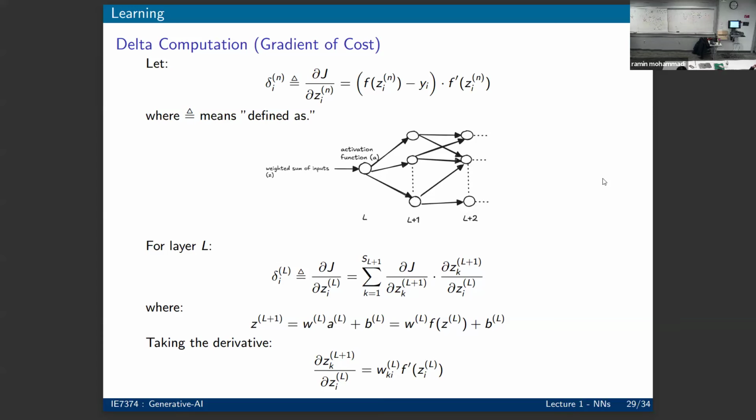Now go for B. B is the same idea, but if you take a derivative with respect to B here, you get 1, right? So the gradient with respect to the intercept or B is simply the gradient with respect to this only. Why is the gradient of B like that?